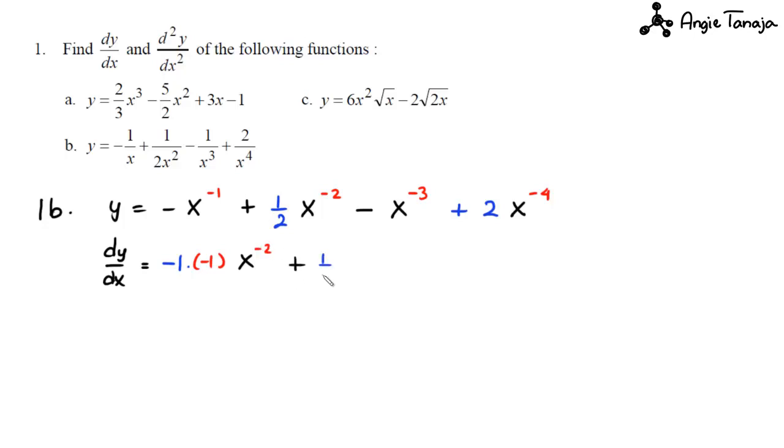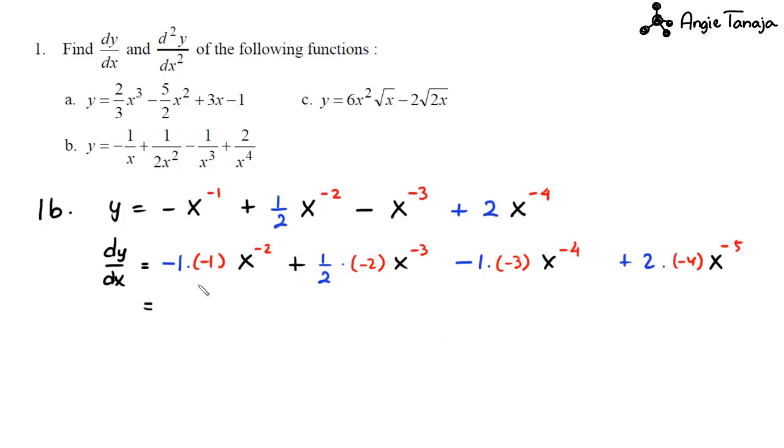Plus half times negative 2 x to the negative 3, and then here negative 1 is the coefficient, negative 1 times negative 3 x to the negative 2. Well, this one becomes plus 2 times negative 4 x to the negative 5. Sorry, this will be negative 4.